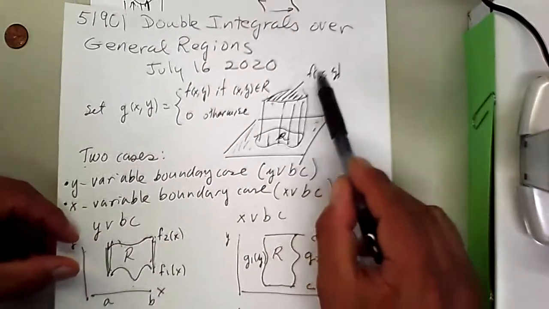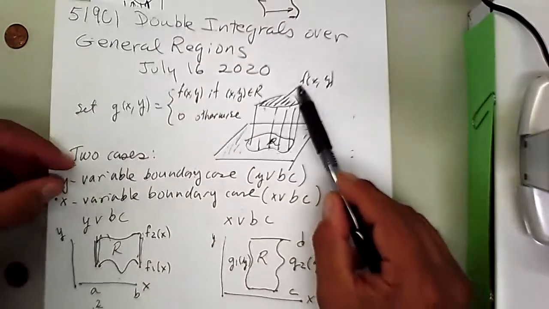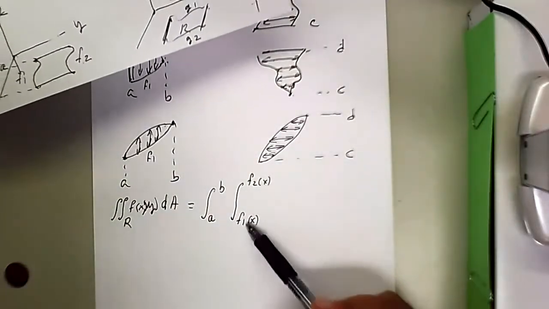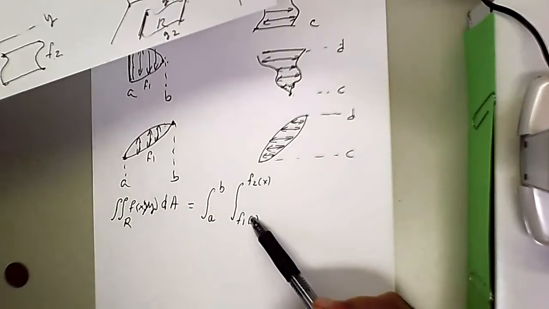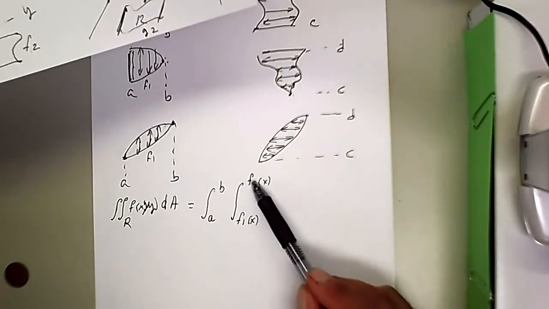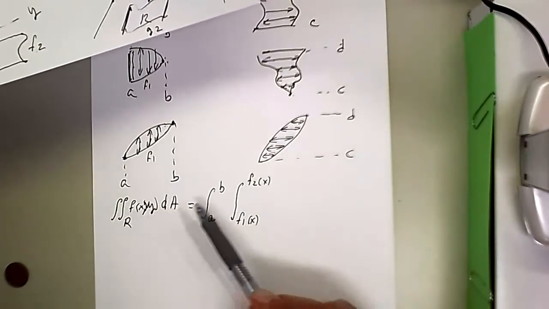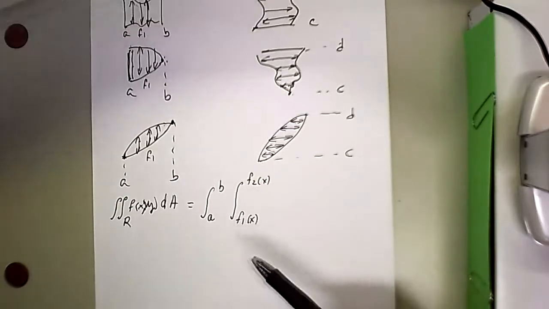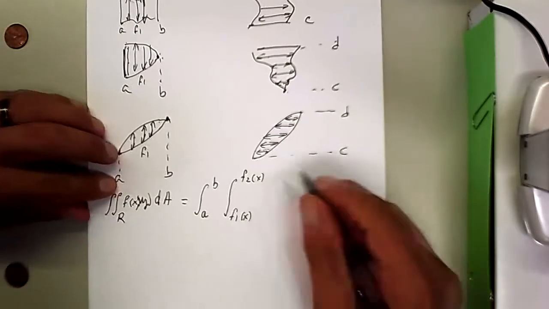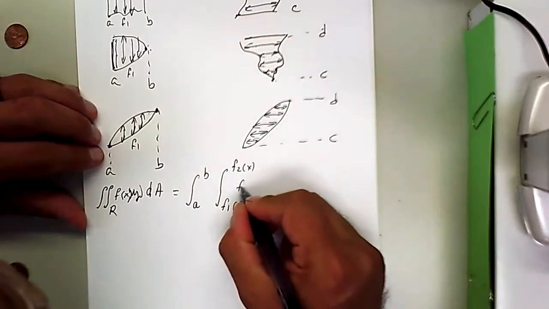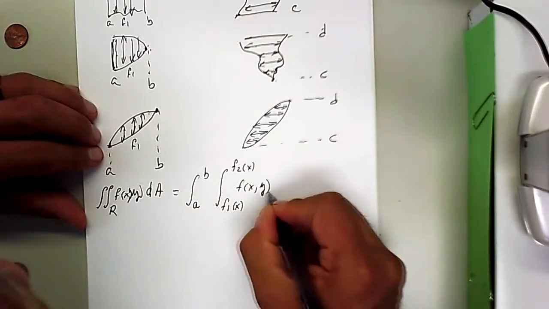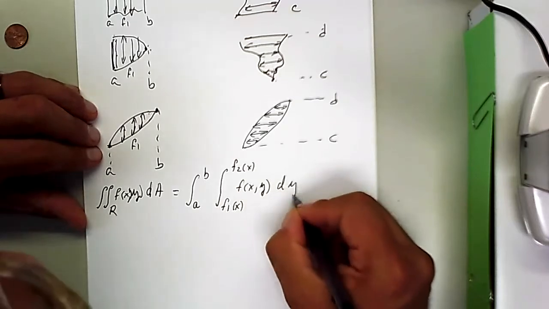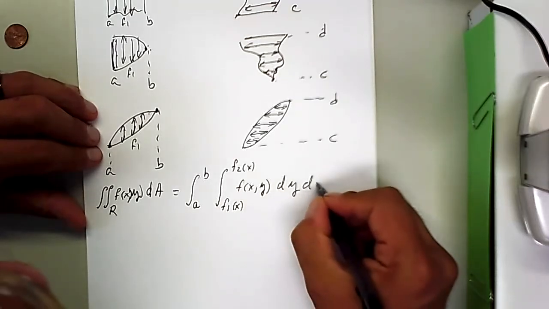Even though I'm using the same lowercase f, because I'm putting indexes, and because I'm using only x, that is making them distinguishable. It's unfortunate that I did use the same lowercase f for the three, but those are three different things. And then we are integrating the surface with respect to y first and with respect to x.